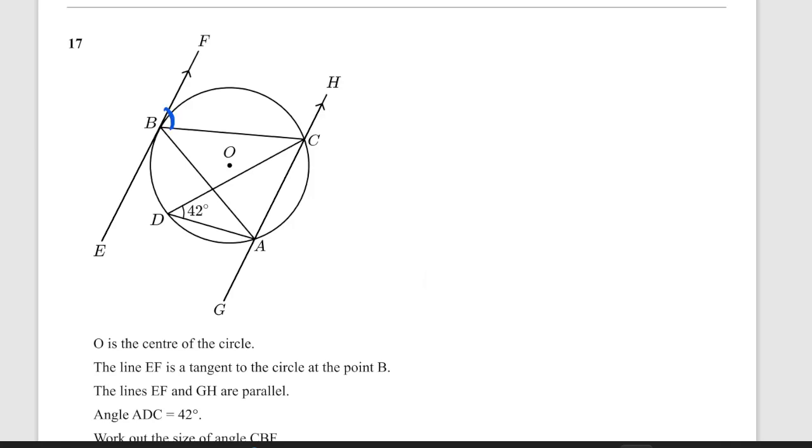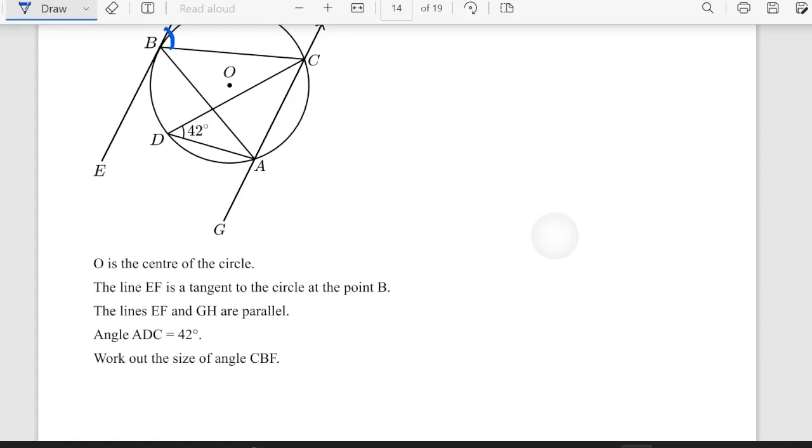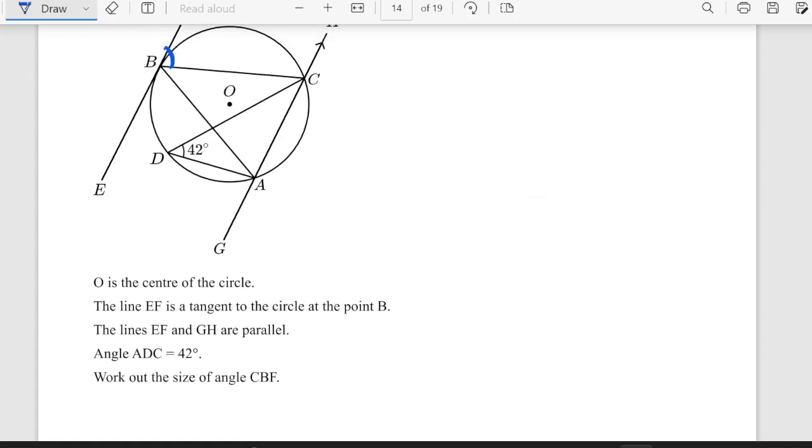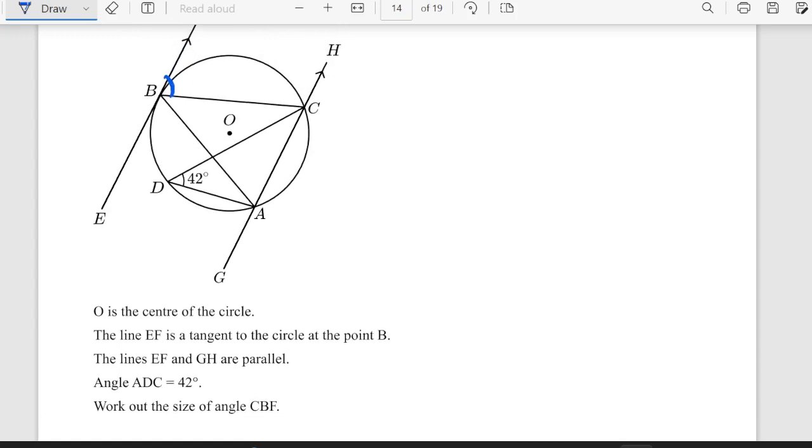Okay, my steps are going to be then. Right, so I'm going to start by saying that angle ABC will be equal to 42 degrees, and the reason is that angles from the same segment are equal, so that angle has to be equal to that angle.